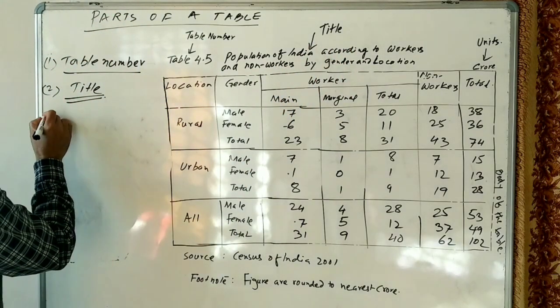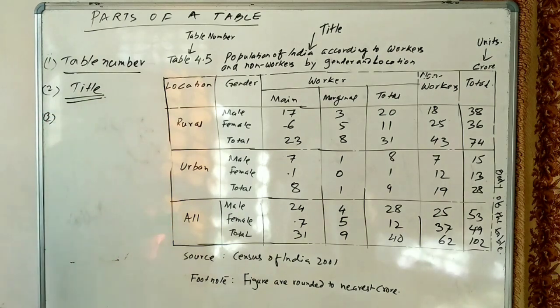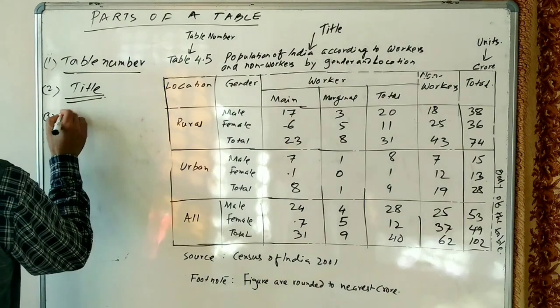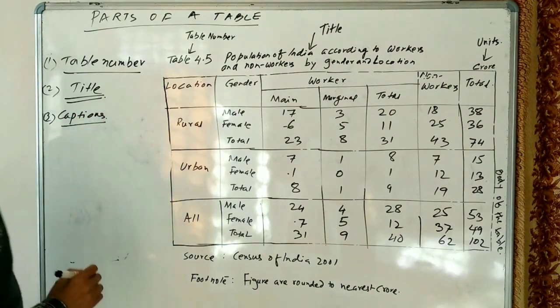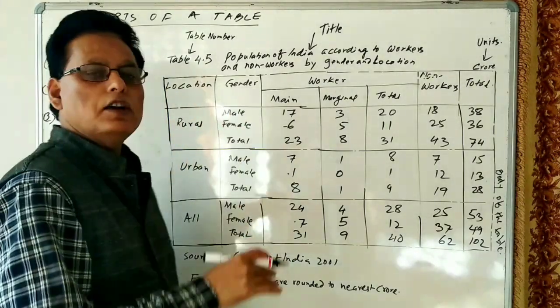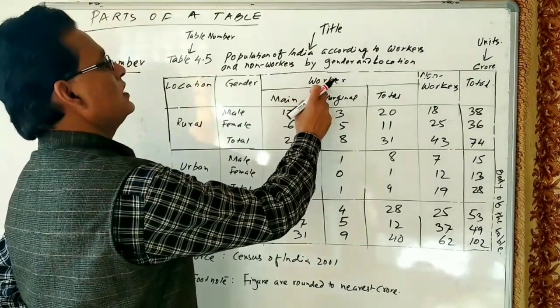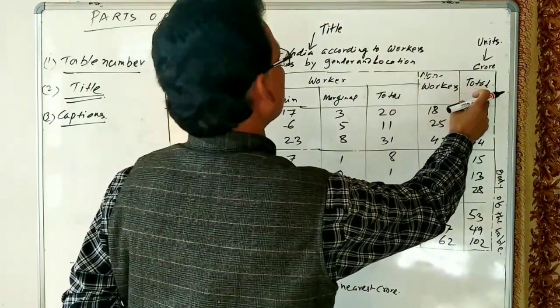And the third part of the table is the captions. Captions means the column headings. So here let us see workers, non-workers and total.